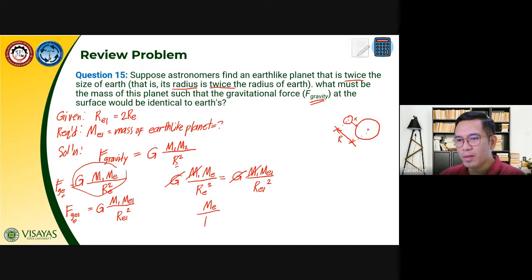Therefore, the mass of the Earth divided by the radius of the Earth squared is equal to the mass of the Earth-like planet divided by, we substitute, 2 radius of the Earth squared. Most of the students get confused. They don't apply the square to the 2; they only square R_E. Again, you need to square the whole 2R_E because R_EL is equal to 2R_E.